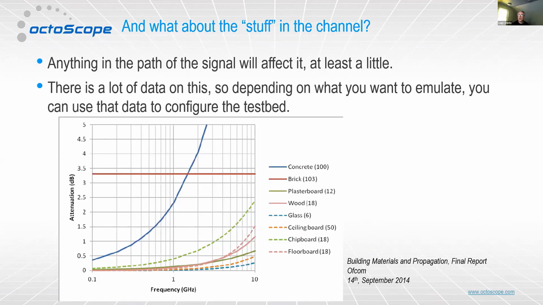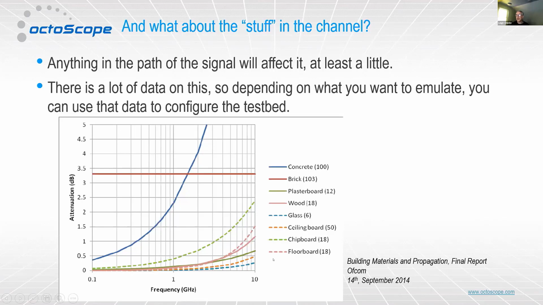So suppose you have a transmitter and receiver separated by a pane of glass. What does that look like? Well, that pane of glass will affect the signal level that the receiver is going to see by a certain amount, depending on the frequency. And that is actually shown in this chart here. So you have the additional attenuation that you get between the transmitter and the receiver as a function of frequency.